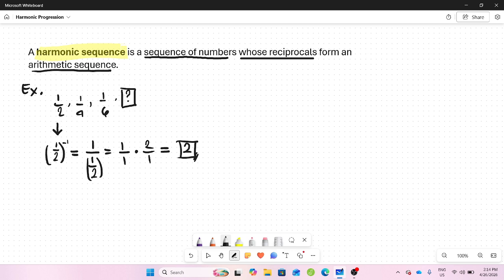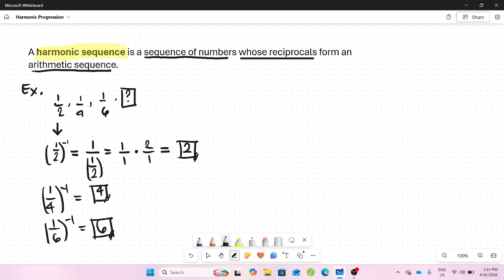For the remaining 1/4, the reciprocal is 4, while for 1/6, its reciprocal is simply 6.